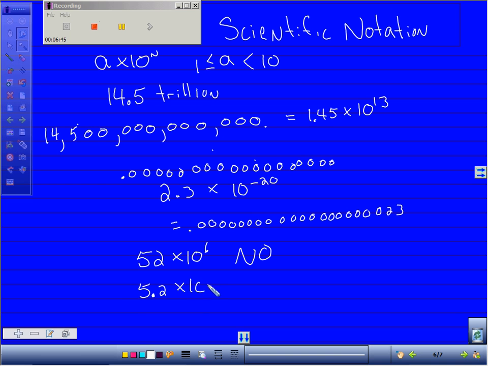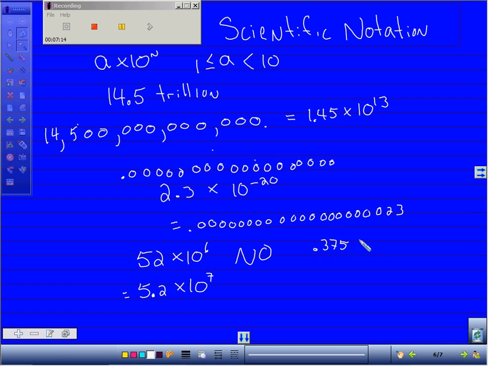Did this number get smaller or bigger when I did that? So what has to happen to this number? It has to get bigger by 1. Okay? So now that thing is in scientific notation. So if this number gets smaller, this quantity has to get bigger. Okay? And that's how I kind of remember it myself. How about this one?